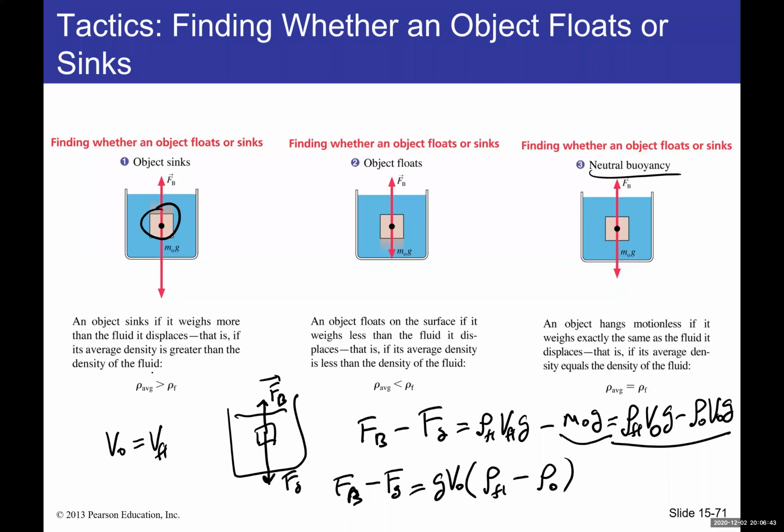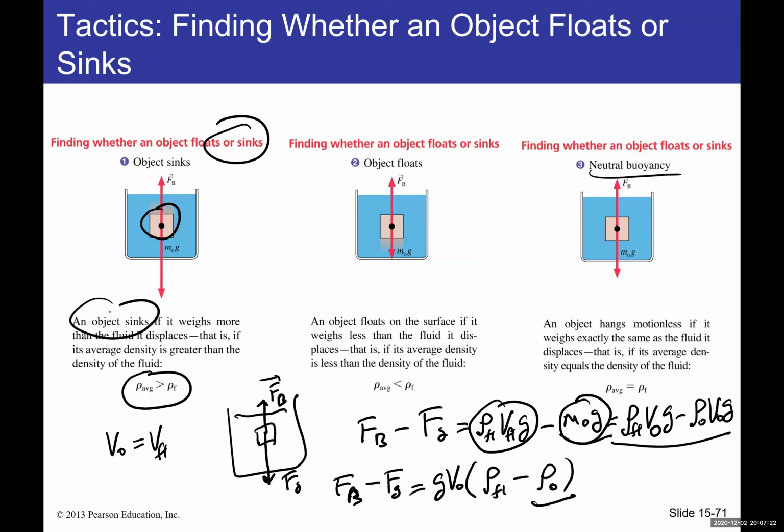If the average density of the object, and we call it average density because it might be an irregular shape or not have uniform density, so you can average out the density. If the average density of the object is greater than the density of the fluid, then the gravitational force is stronger. If the object density is greater, then the downward force is stronger, so the object is going to sink. The object sinks if its average density is greater than the density of water or fluid.